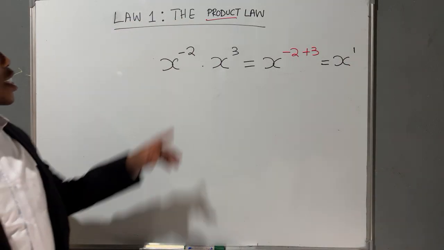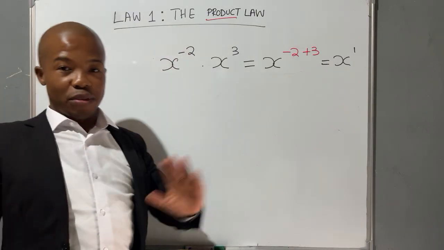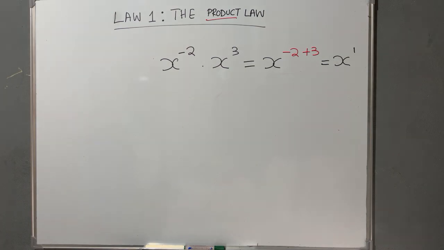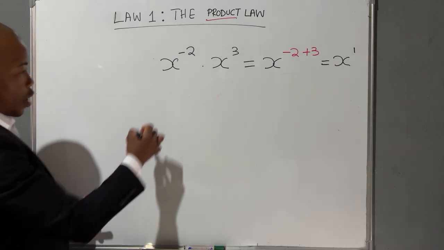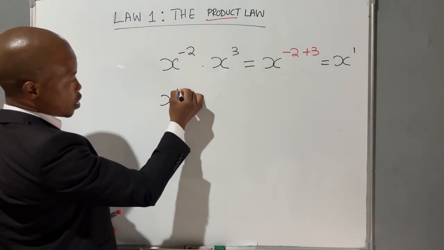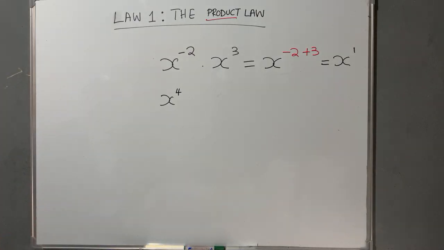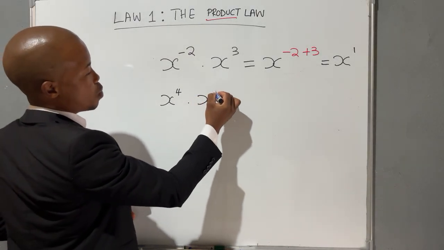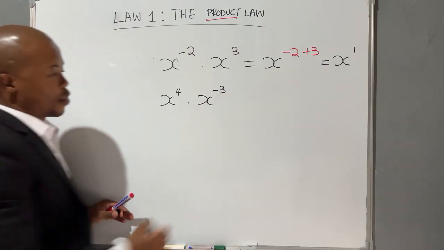Are we together? Just because you're seeing the negative here doesn't mean you have to panic. It's still the same thing, right? Let me give you another example. Let's say you have x to the exponent 4, and then multiply by x to the exponent negative 3.